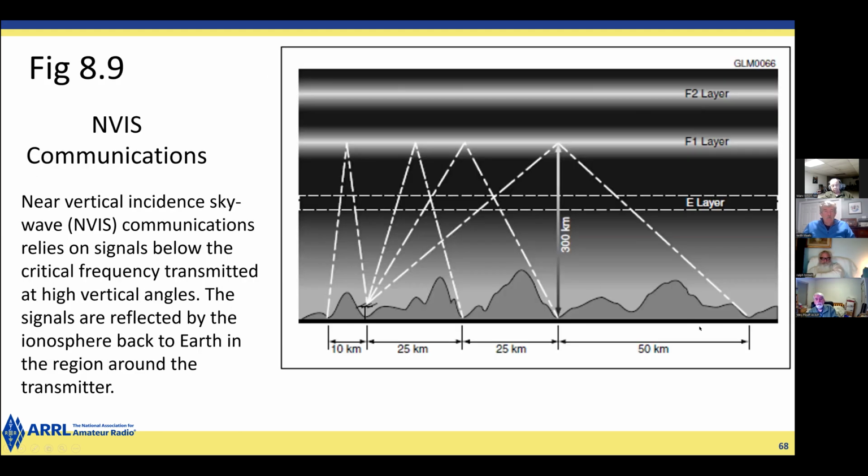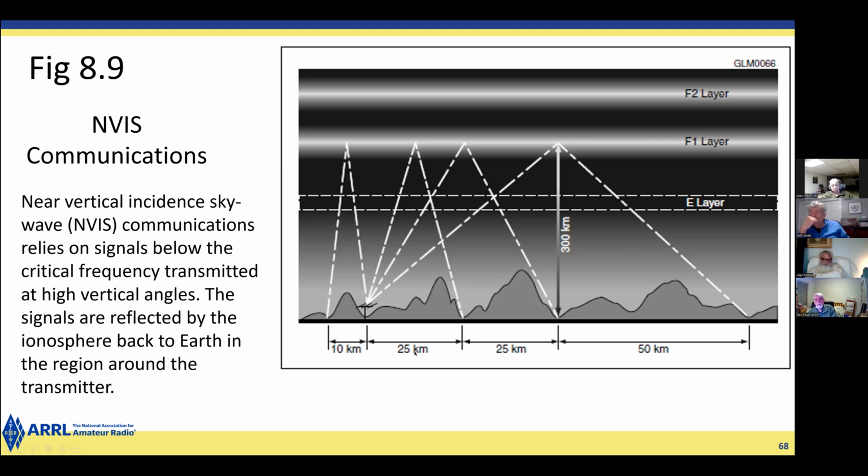So this is a picture of how it can go. If you have NVIS propagation that is reflecting off of the F1 layer, you can see for very high angles, it will come back down relatively near.